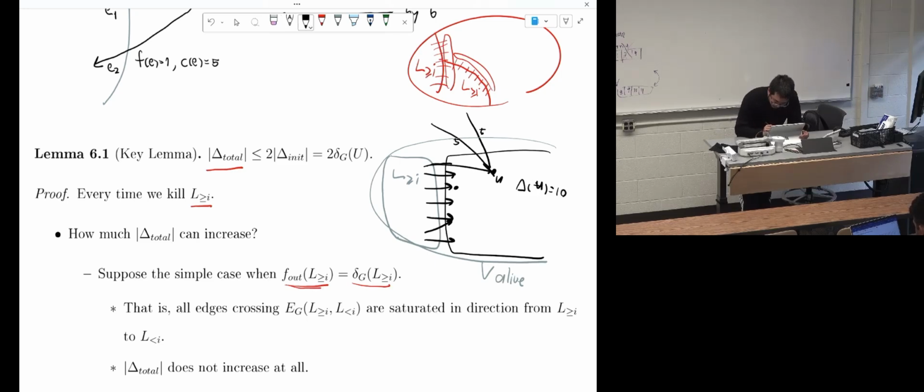But now, if I delete this guy, once I remove the part that I kill, and let's say the capacity here is 5, then the new source at U would become 15.